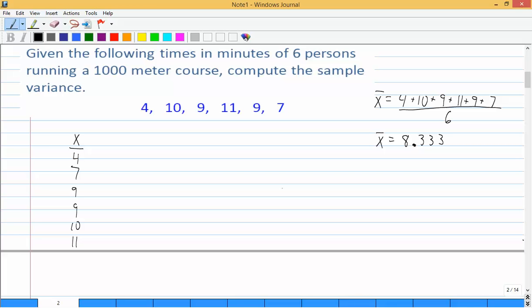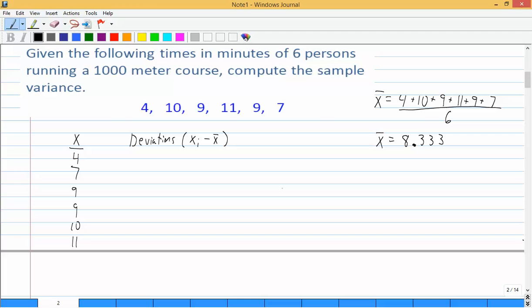Alright, now I need to calculate the deviations. These are the deviations about the mean. Okay, and how do we find the deviations? That's going to be x sub i minus x bar. So we're going to figure out the difference between each data item and the mean.